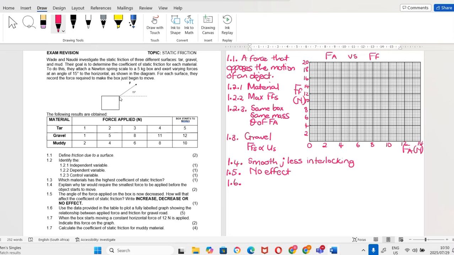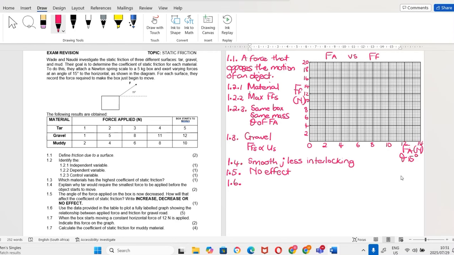So if you wanted to calculate the horizontal component of the applied force, then you'd multiply all of these values given in the table by cosine 15 degrees. So maybe let's put that disclaimer here that we are just going to plot the F applied at 15 degrees, because that's the angle at which this particular force is applied.